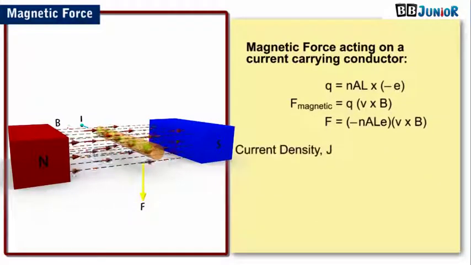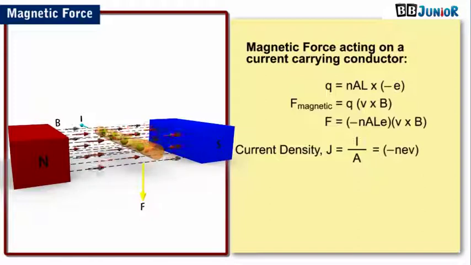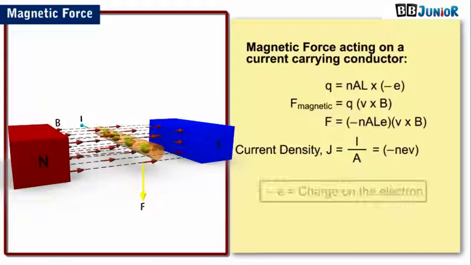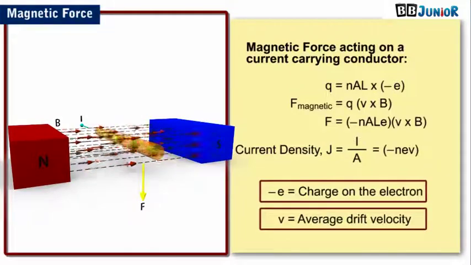As current density J is defined as the current per unit area, it is equal to current I divided by area A, which is equal to minus NeV, where minus e is the charge on the electron and V is the average drift velocity.